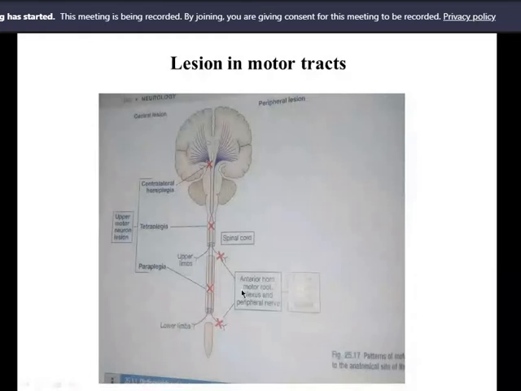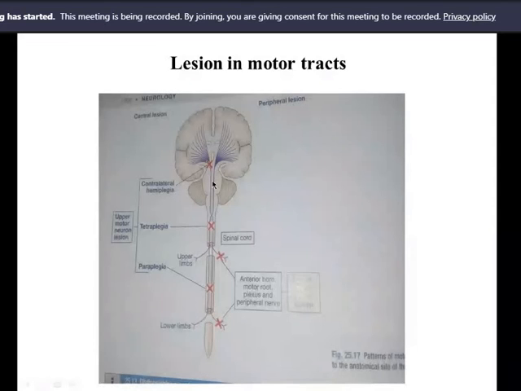So if there is upper motor neuron lesion, there will be exaggerated jerk, and the paralysis will be there, but it is not flaccid paralysis. But if the lower motor neuron lesion is done, then there will be complete flaccid paralysis, and atrophy of the muscles. I repeat, the upper motor neurons are the corticospinal and corticobulbar neurons.